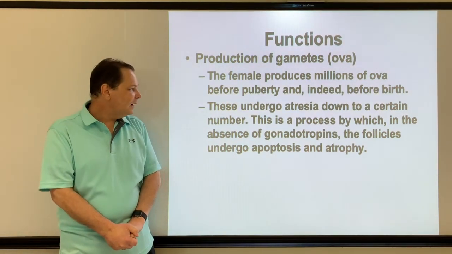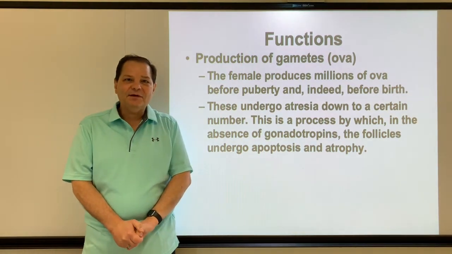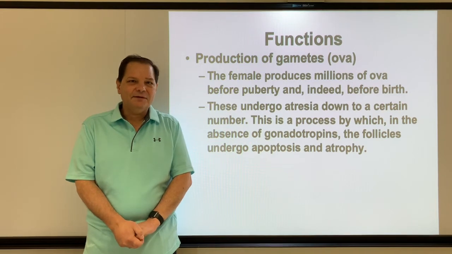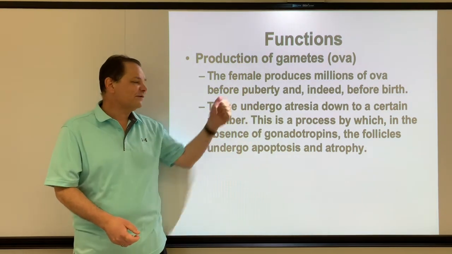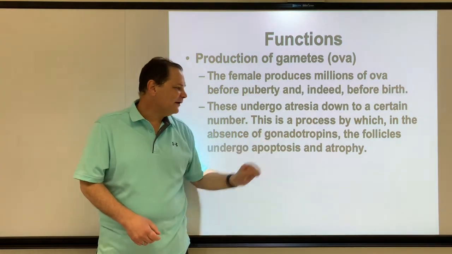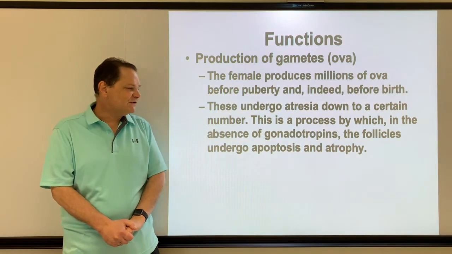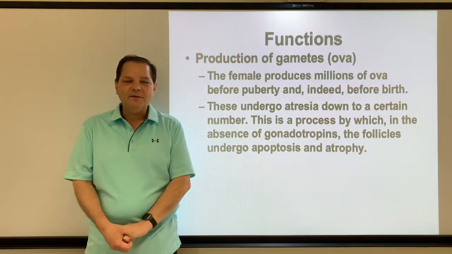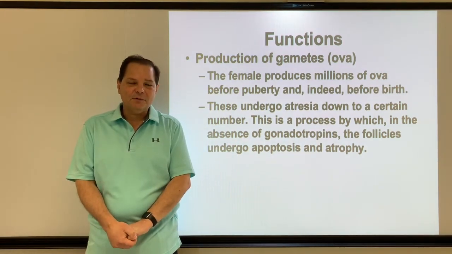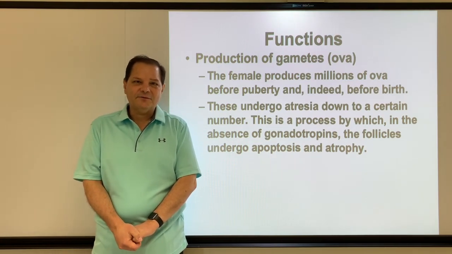And so really, when you look at the number that are actually ovulated, it's a very small percentage of this millions. The process of atresia takes place because there are no gonadotropins around. You need LH and FSH in order for those follicles to develop, along with the oocytes, into something that can be ovulated and fertilized.